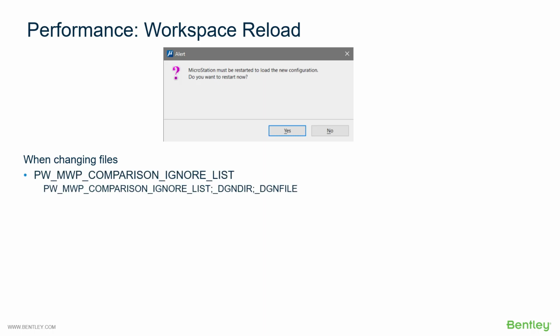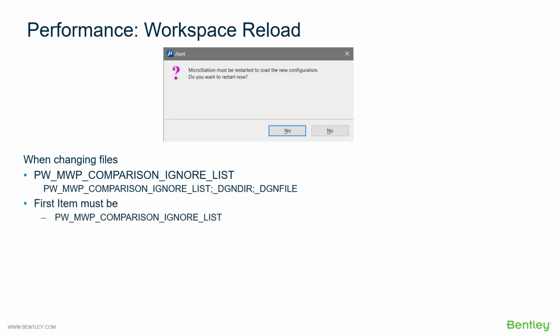ProjectWise Explorer has a way to ignore change variables that are considered insignificant. This is controlled by the variable PW_MWP_COMPARISON_IGNORE_LIST. The default value is PW_MWP_COMPARISON_IGNORE_LIST = _DGNDIR, _DGNFILE.